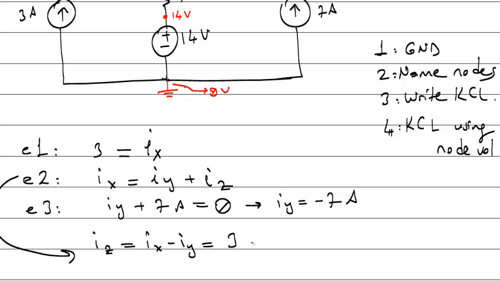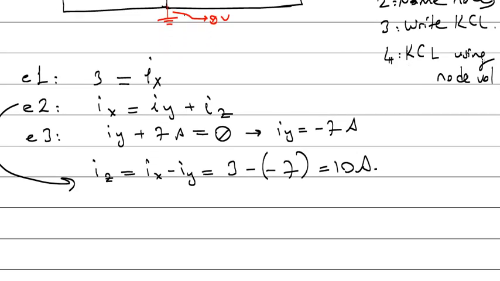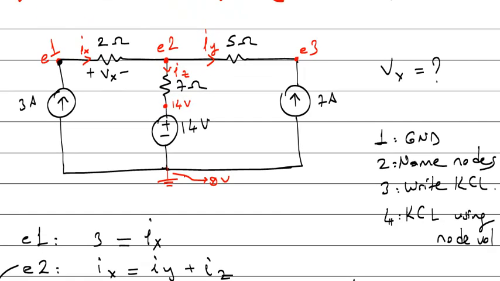Ix is 3 minus Iy is 7, so it's 10 amps. Okay. Then the fourth step is write KCL equations using node voltages. Okay, rewrite these. Let me copy the circuit first and then rewrite.